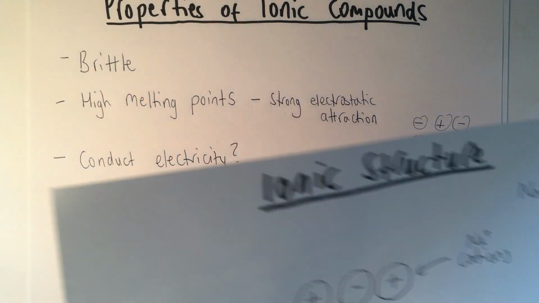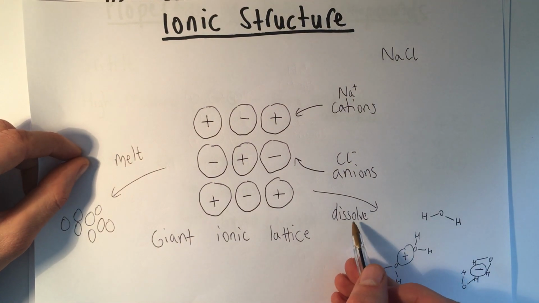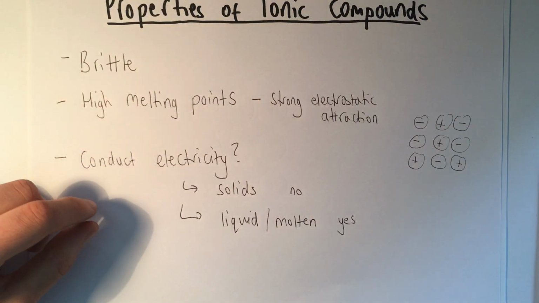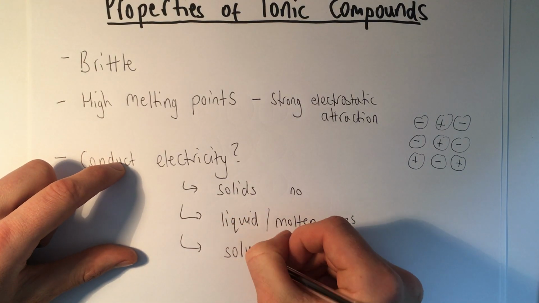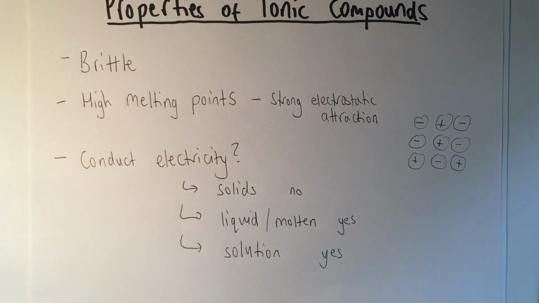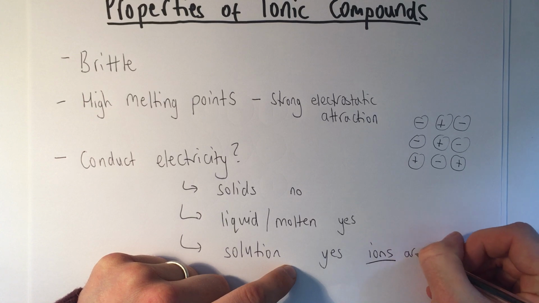The other thing that you can do very easily to get the ions to move though is dissolve it in water. You could do that in the lab. You don't need to heat it at all. Just put the ionic compound into water and then the ions are free to move around because they've been separated. So in solution, when it's dissolved, ionic compounds are able to conduct electricity, but the reason is because the ions are free to move.